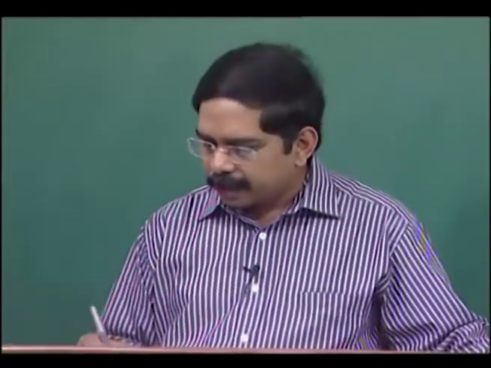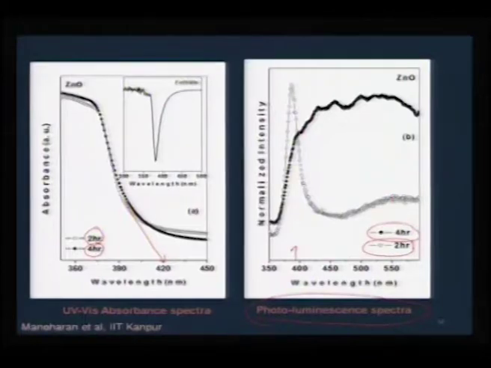In the 2 hour exposed case, you get a very characteristic sharp 380 nanometer band, which is nothing but your band to band emission, and this is exactly what is needed as far as zinc oxides are concerned.